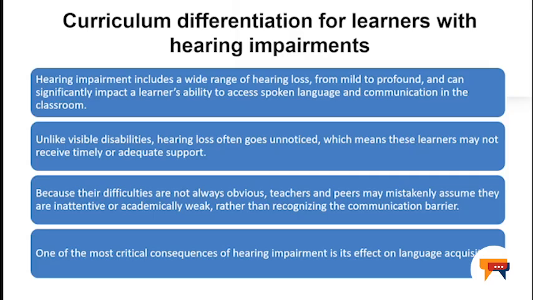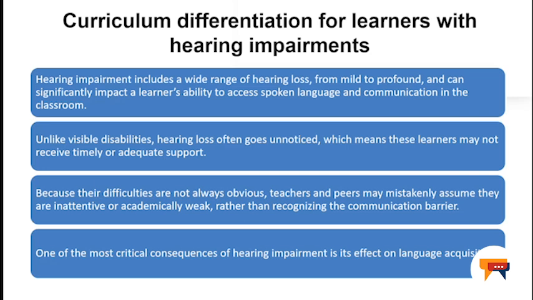And let's look at the second one, that is curriculum differentiation for learners with hearing impairments. We say hearing impairment includes a wide range of hearing loss, from mild to profound, and can significantly impact a learner's ability to access spoken language and communication in the classroom.